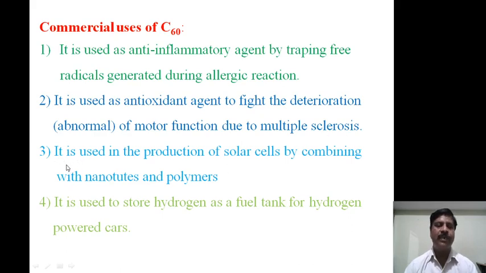Third, it is used in the production of solar cells by combining with nanotubes and polymers. Fourth, it is used to store hydrogen as a fuel tank for hydrogen powered cars.